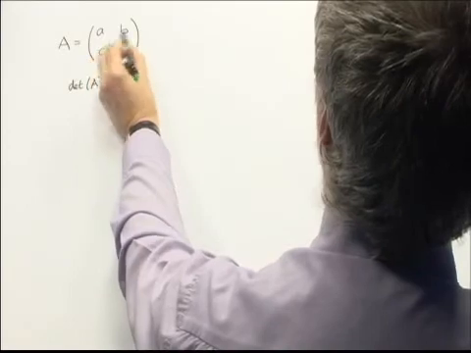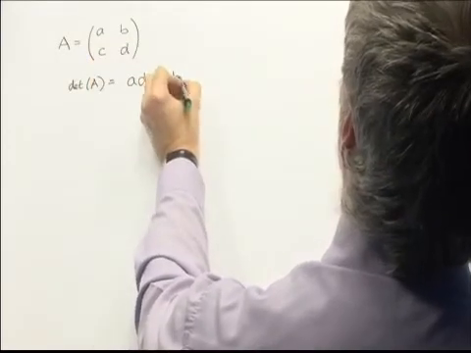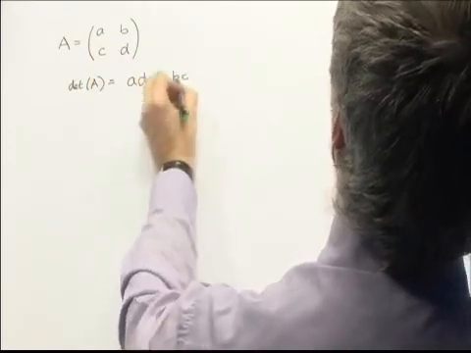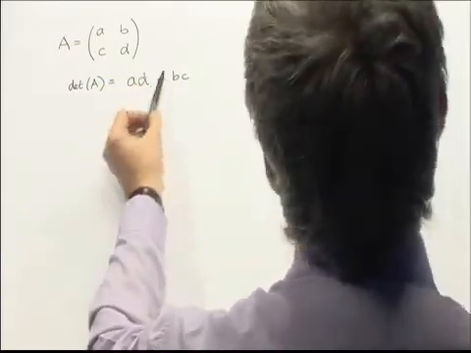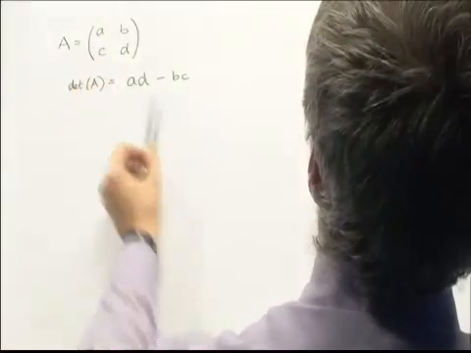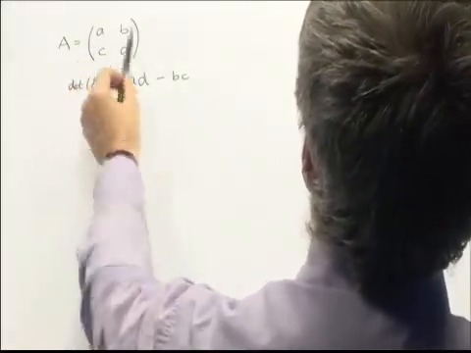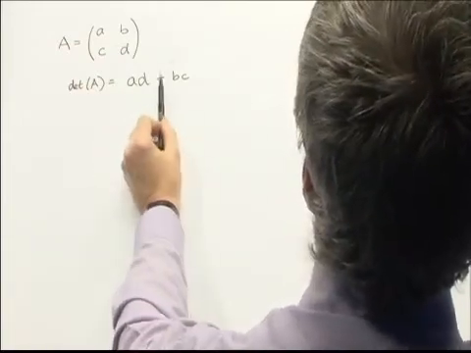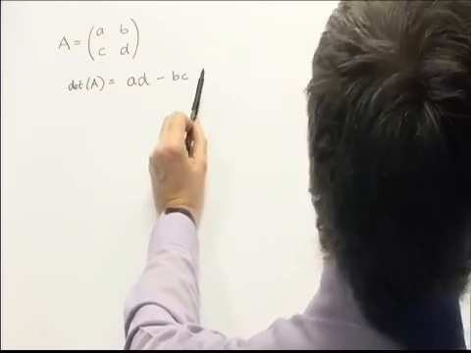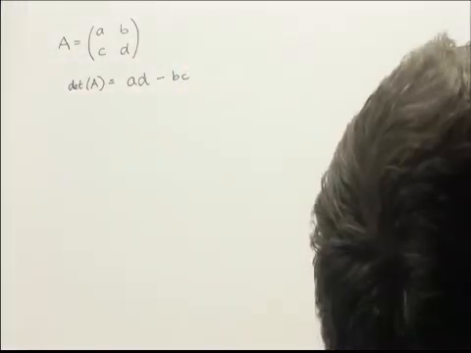We take the other two values, B and C, multiply them together, and subtract this second product away from the first product. And so this is the general formula for any 2 by 2 matrix. If the elements are A, B, C, D, the determinant is A times D minus B times C. So that's all there is to know about the determinants of 2 by 2 matrices.